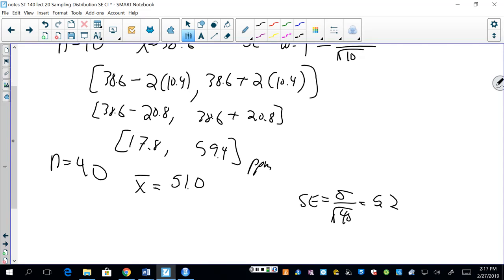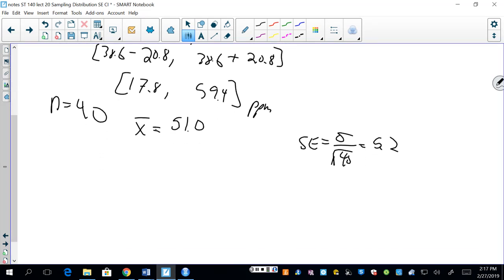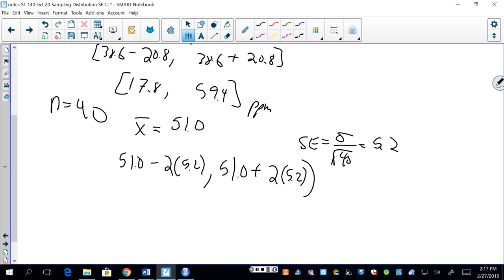So now my confidence interval based on this different sample, right? 51 minus 2 times 5.2 up to 51 plus 2 times 5.2. So 51 minus 10.4, 51 plus 10.4.